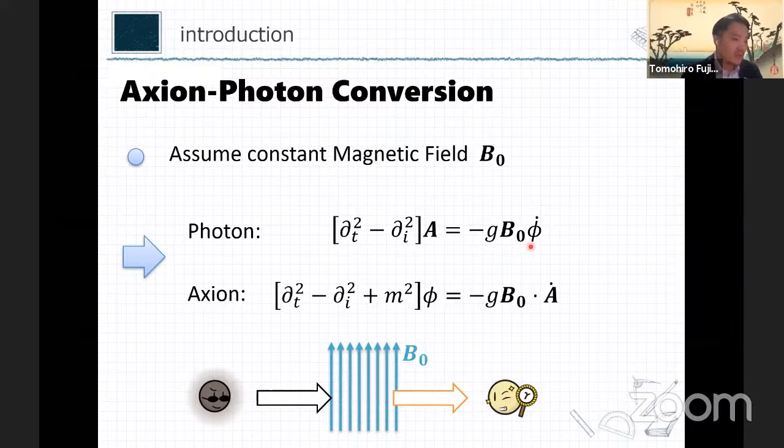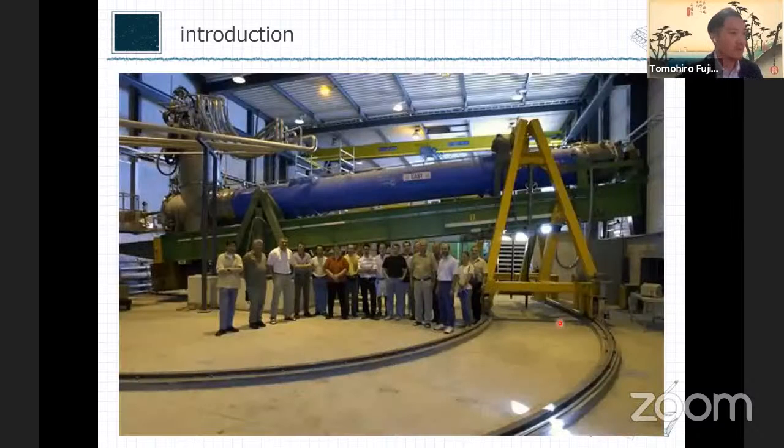So if a propagating axion enters a region with a magnetic field, photon gets the source term. So photon is amplified, photon is produced. This phenomenon is called axion-photon conversion. The opposite reaction also happens: photon can be converted into axion. Axion-photon conversion is kind of famous.